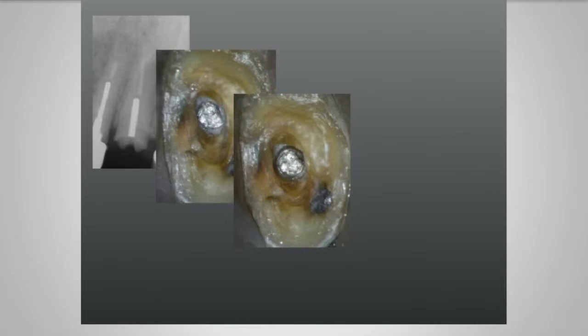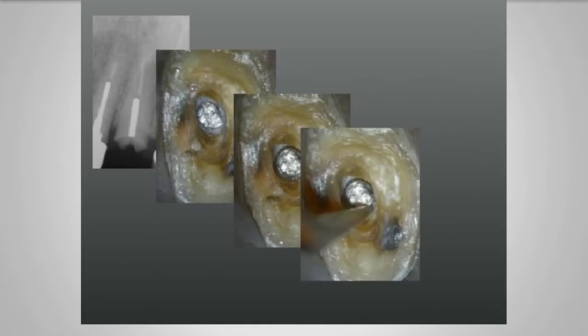I can now pick up my ultrasonic tip, and I could use the number 3 Startex tip if space was restricted, or if there's enough space I can use the number 4, use it on fairly high power with some water spray to vibrate the post, and I can touch that on the side of the post, I can touch it on the top of the post, just to get some ultrasonic energy into that post to try and break up the lute cement and loosen it.